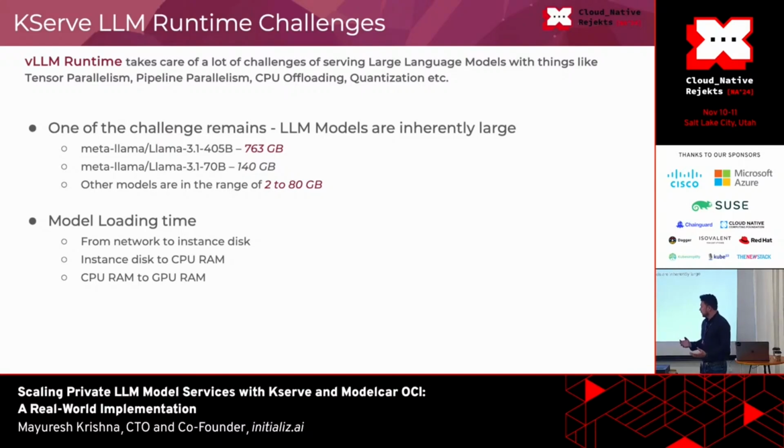Or one of the things which you can do, which KServe provides, is using an OCI container image of that model as your model to load. So essentially, it uses the constructs which are already built out in Kubernetes to pull down a container image, run it and cache it. So when a new instance of a pod comes up, it's going to use the cache which is already there on the node to serve that model.